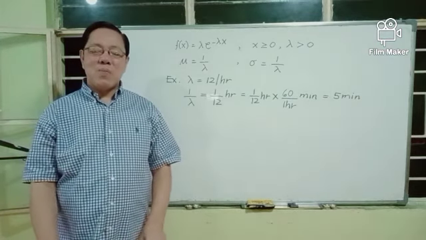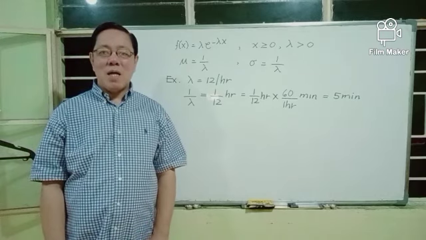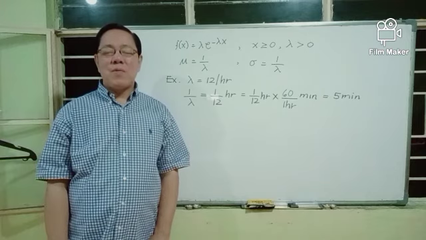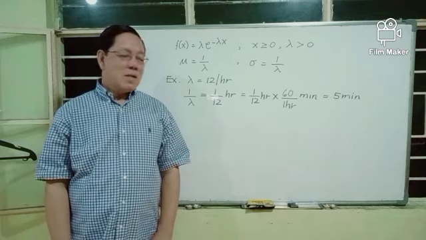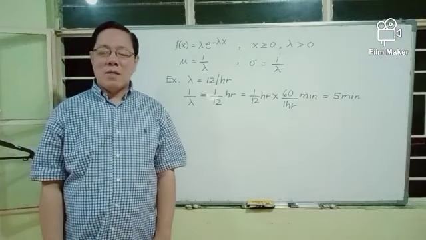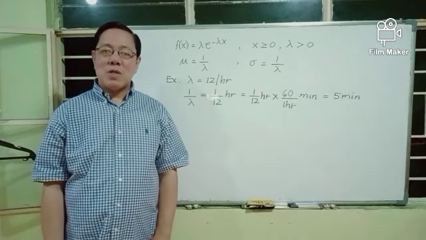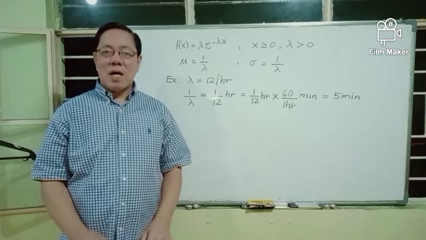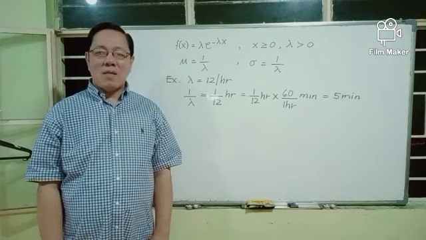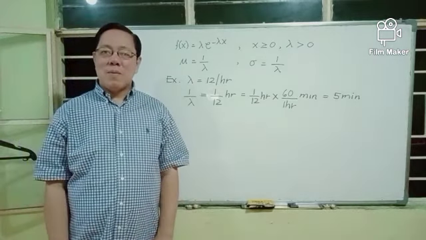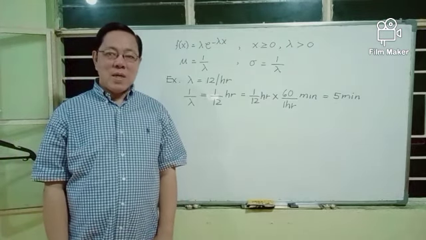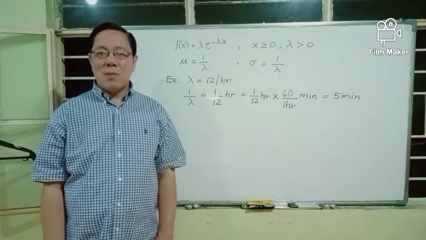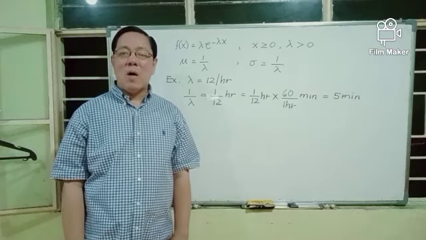Again, the Poisson probability distribution gives the probability of the values that the discrete random variable x has, and the exponential probability distribution describes the time between the occurrence of two events. As in this example, lambda here, which is one of the values of x, is the number of patients arriving in the emergency room of a hospital, 12 patients per hour.